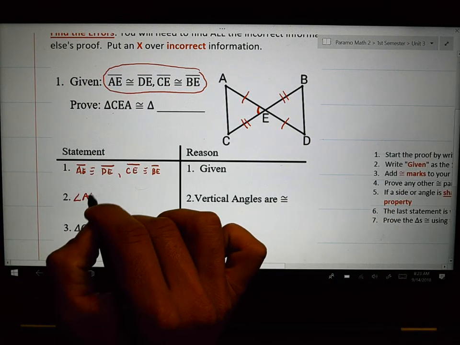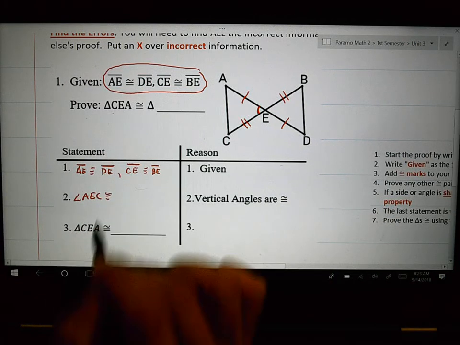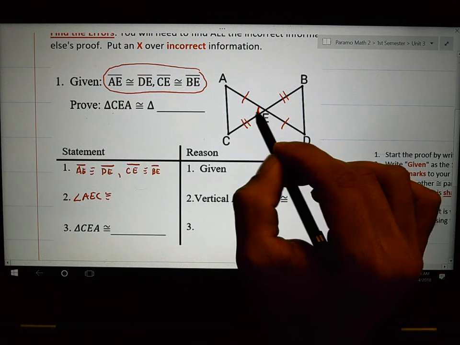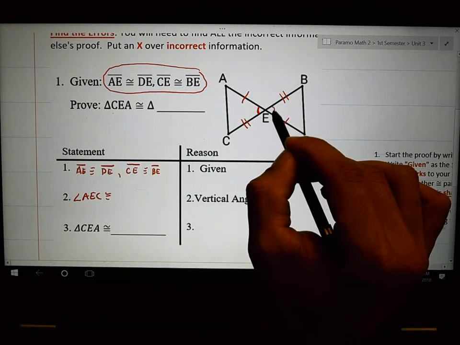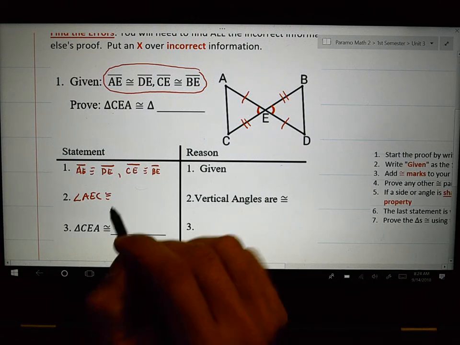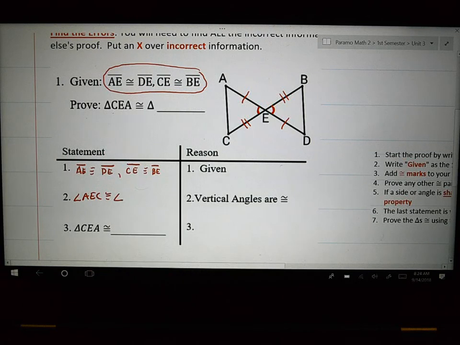Angle AEC is congruent to another angle. Its vertical angle is over here. They're always the same. It's going to be congruent to another angle, and we need side, vertex, side. If you know the 3 letters, go ahead and say what letters they are to your partner.